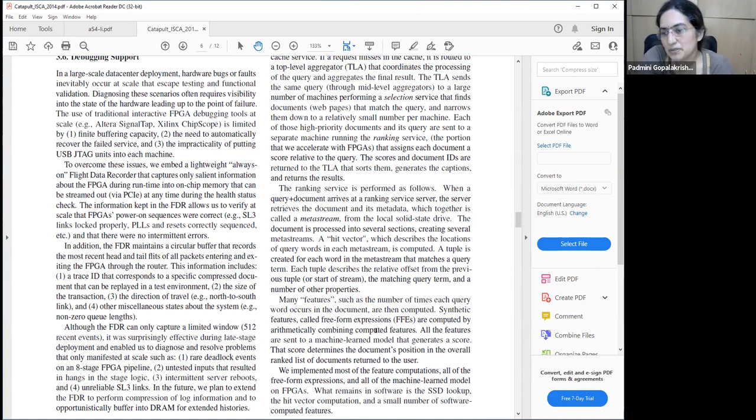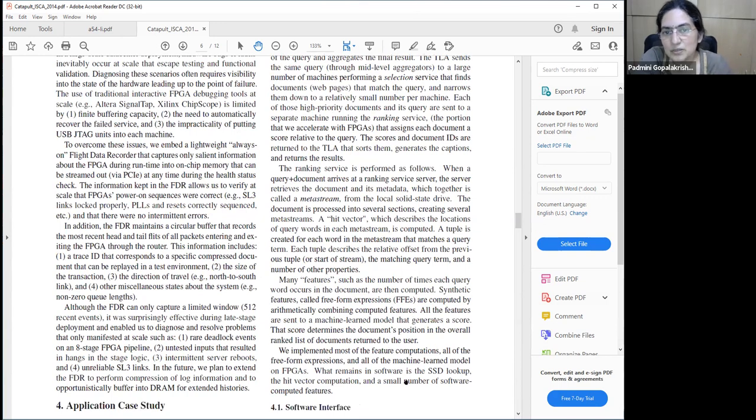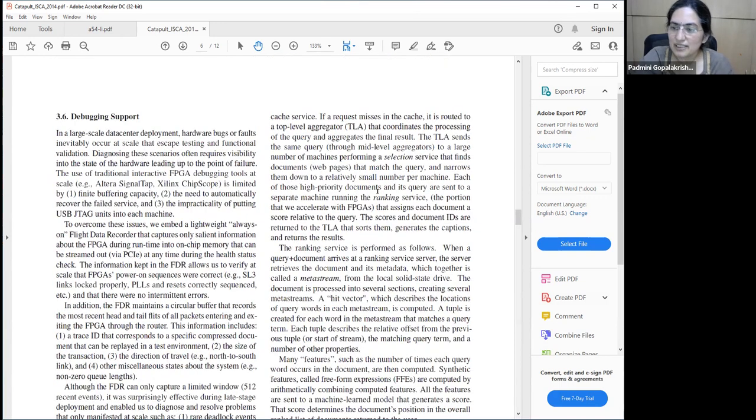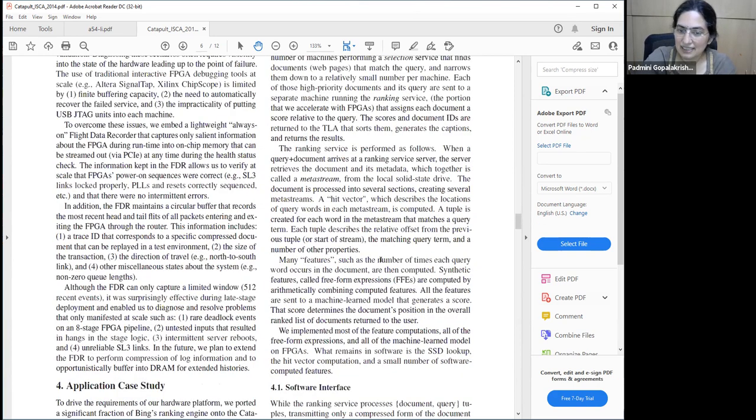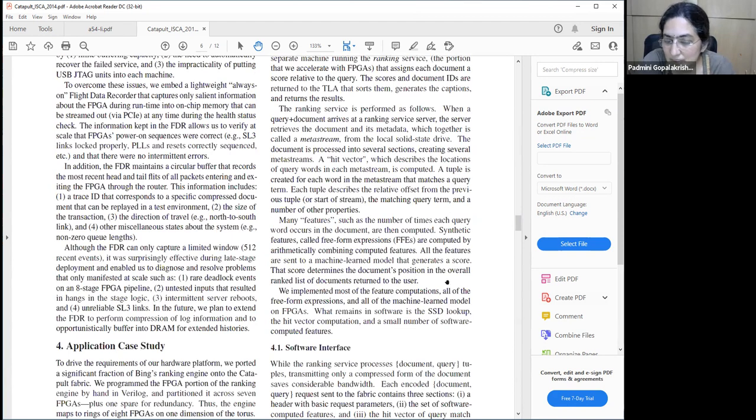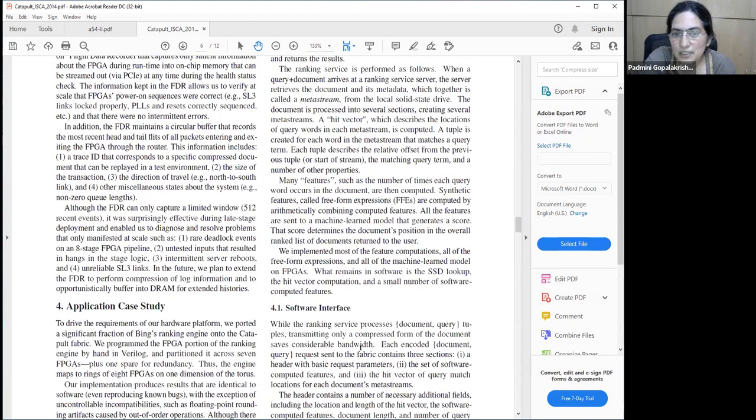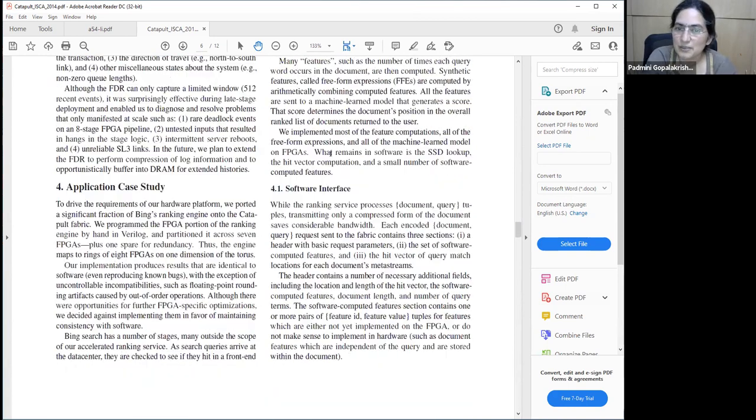Then that is sent to some kind of machine learning model which generates a score. And then the score comes back to the aggregator, and the aggregator coordinates all the queries on these different documents, ranks them, and returns the results. Okay, so in this entire model, they have said they have done most of the feature computations, which is computationally expensive, in acceleration. As I mentioned earlier, what would have been nice is to understand, from a software point of view, how much of a bottleneck this was and so on. We can infer some of it from the results. Okay.